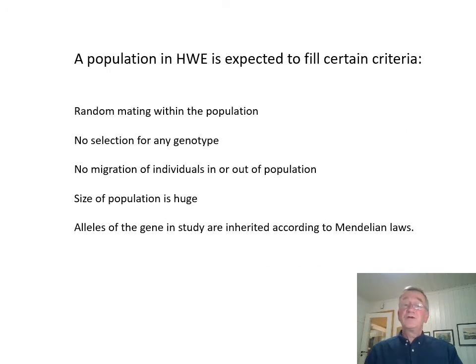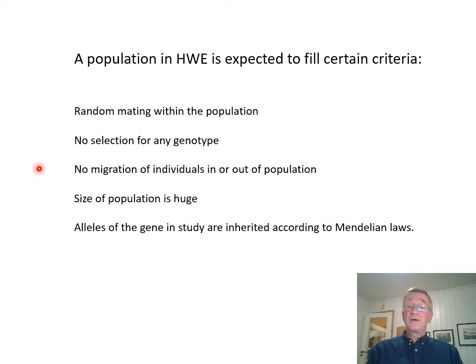For a population to be in what we call Hardy-Weinberg equilibrium, there are some criteria it has to follow. There should be random mating within the population. There should be no selection of any genotype. All genotypes should have the same possibility to survive.